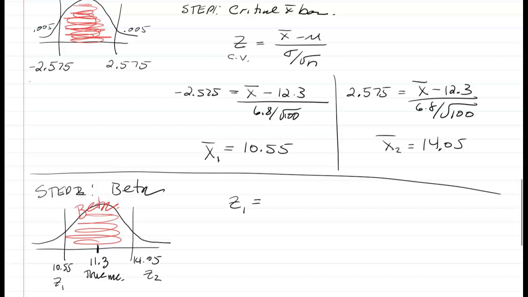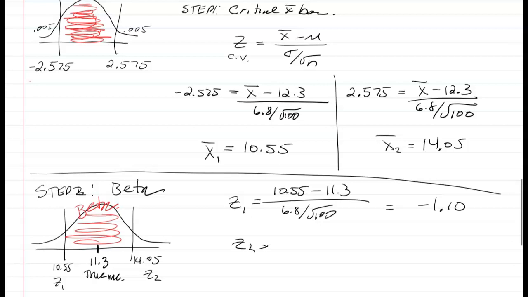Z1 is going to be, use that 10.55 as your X bar, because it's one of our critical X bar values. But this time we're using that true mean of 11.3. And of course your 6.8 divided by square root of 100, which should just be 0.68. Do the math and you should get a negative 1.10 here.